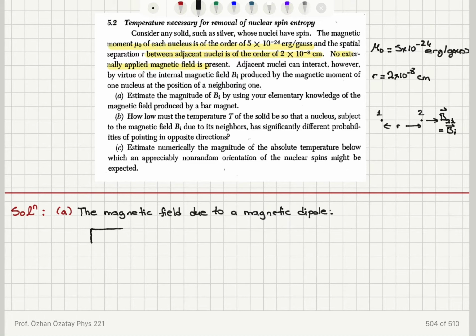If I have a bar magnet like this, and I have the North Pole on one side and the South Pole on the other side, I call the pole strength plus P, and here the pole strength minus P. So P is the pole strength.